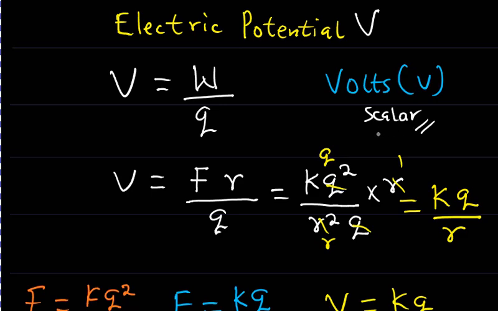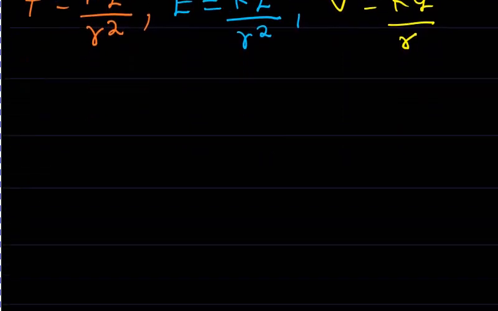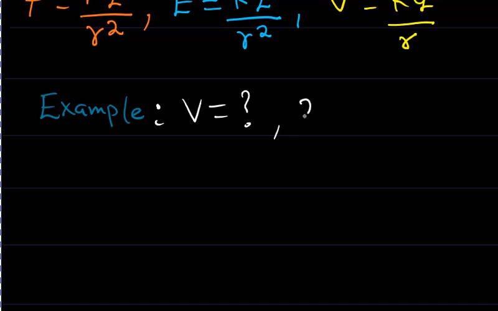We can calculate electric potential due to a system of charges, but before then, let's look at a simple example. Let's say you're asked to calculate the electric potential at a point 20 cm from a charge of 5 microcoulombs.